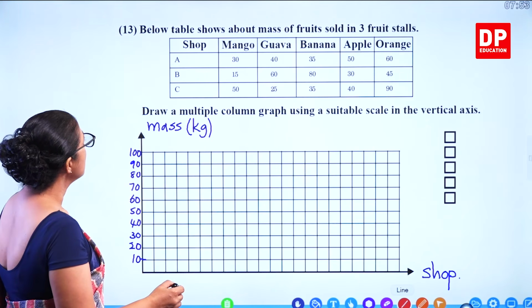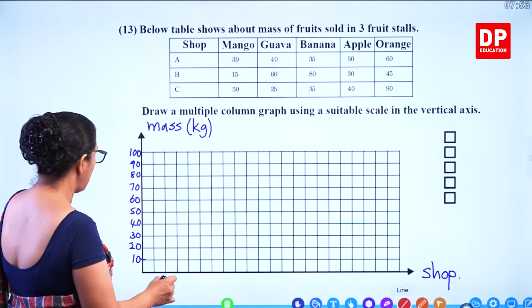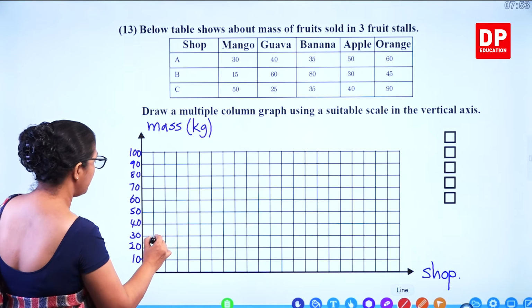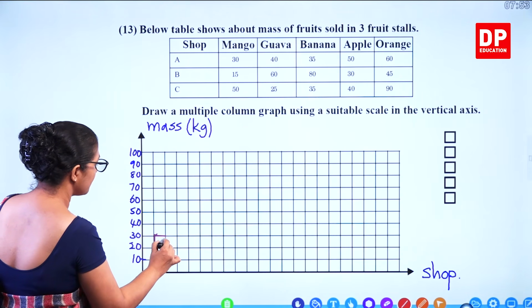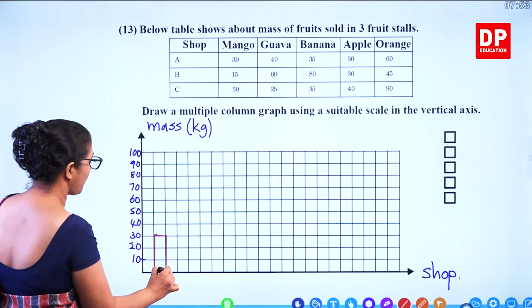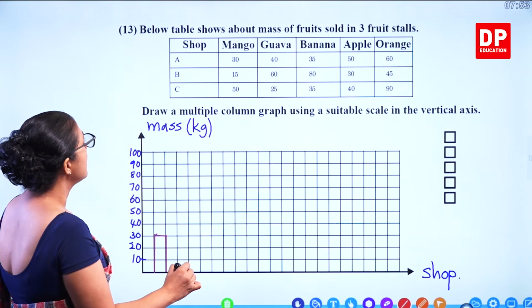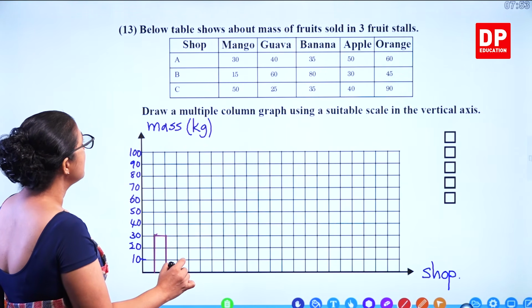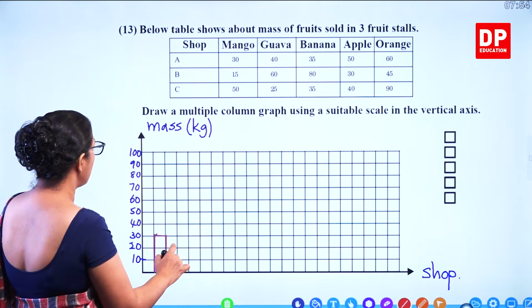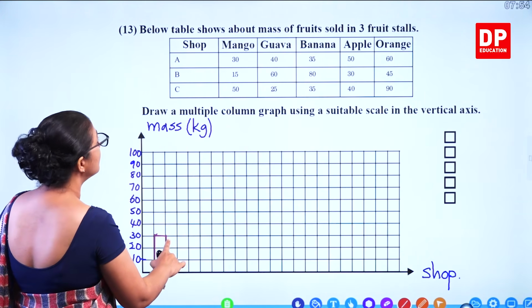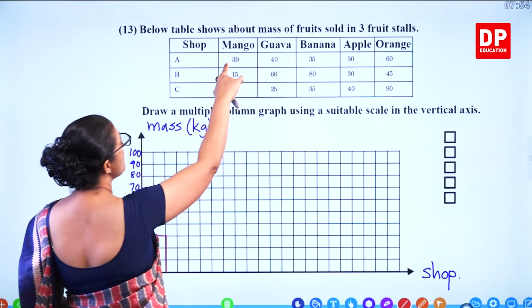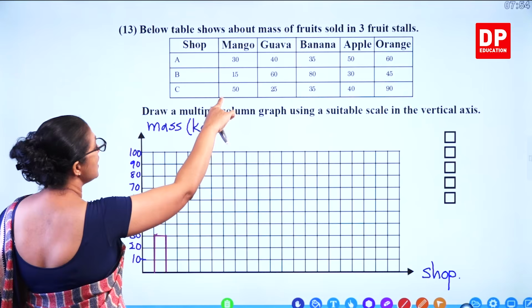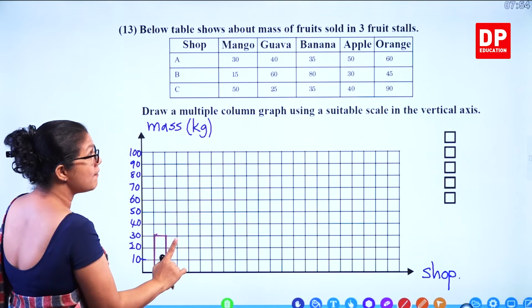30. First one, we'll start from here. 30. Then this one, 15. I'm taking shops now. 15 here. So I need to leave gaps.